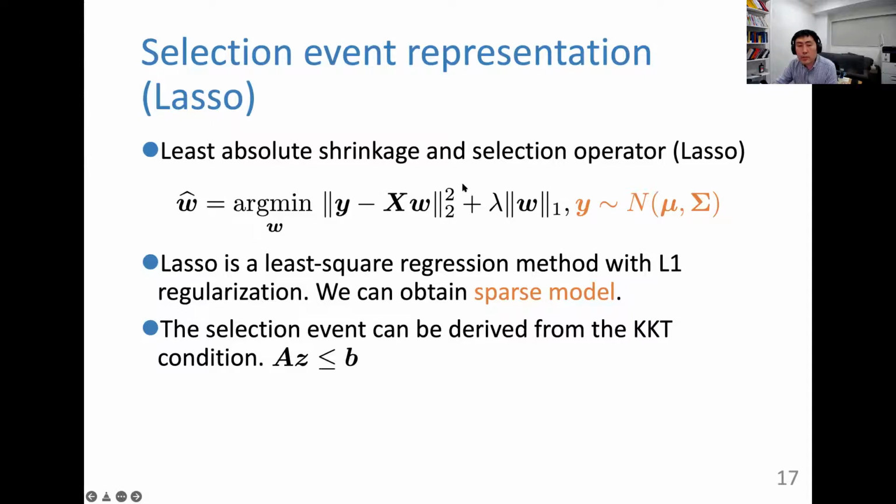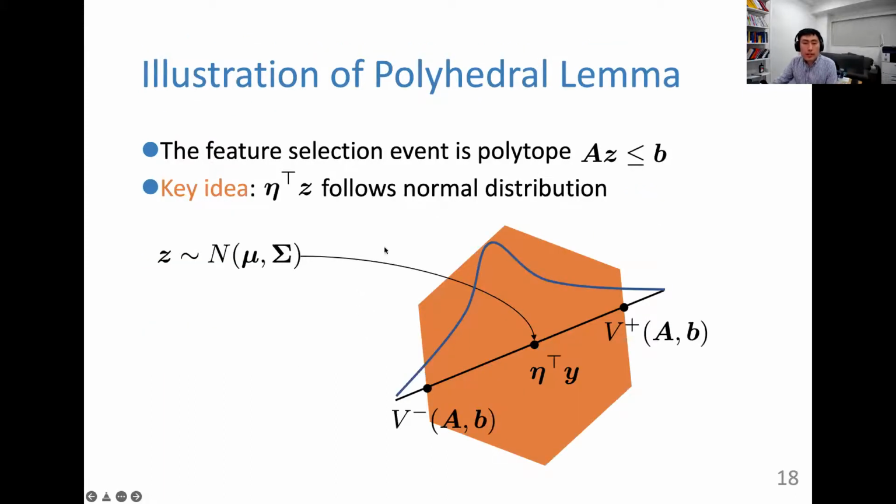So we compute the KKT condition for the selected feature set of W. Then we just plug this into the polyhedral lemma. Then we can do the hypothesis testing for Lasso as well.